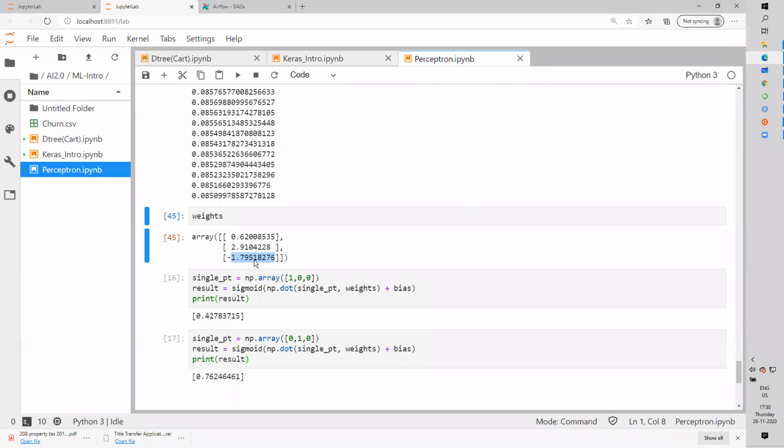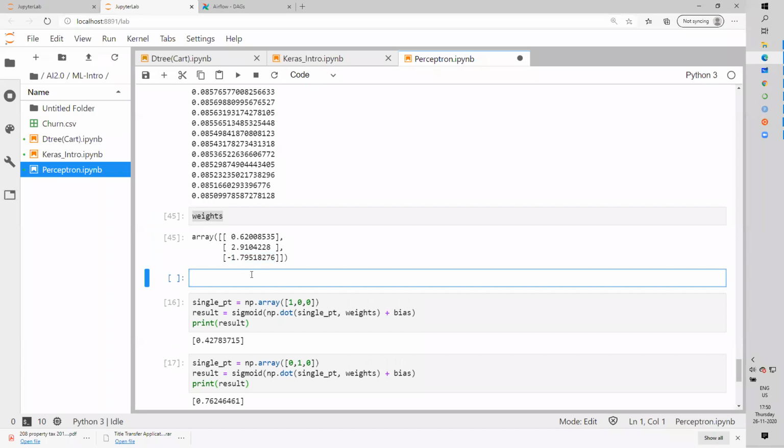And these are the weights that we were actually learning for. Why were we training the perceptron? We were training the perceptron to generate the desired output from the inputs that we are giving, and through these weights it is able to generate the desired output from the input. And also let us look at the bias value.